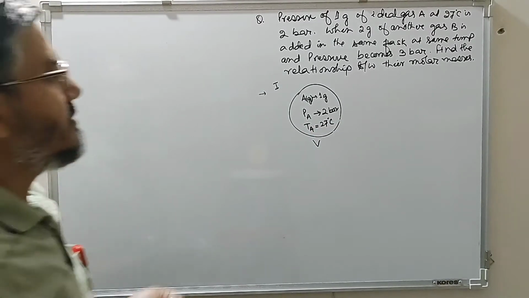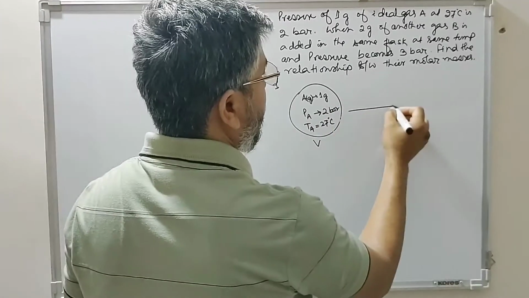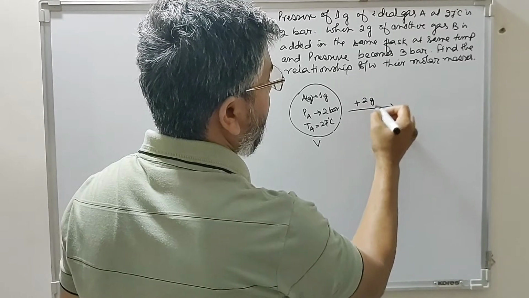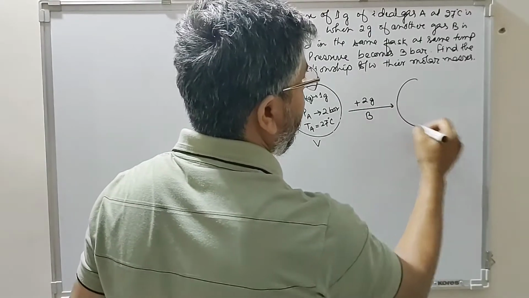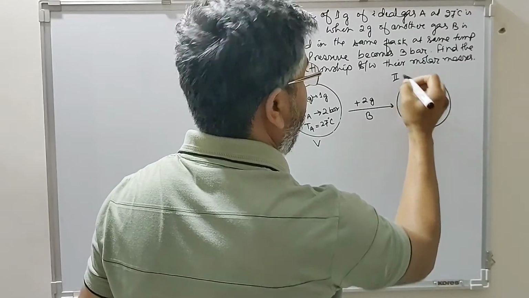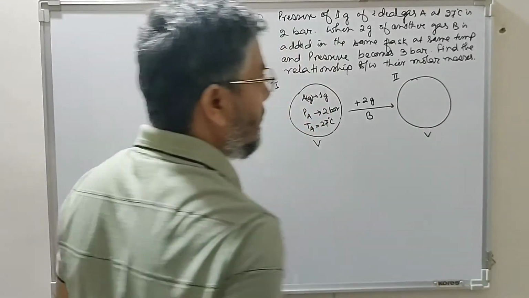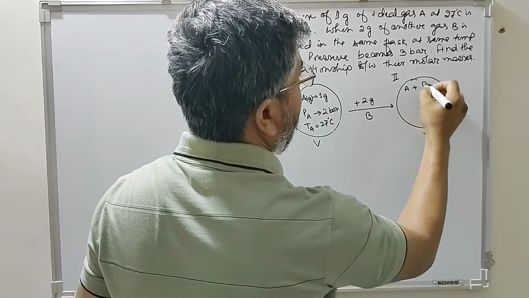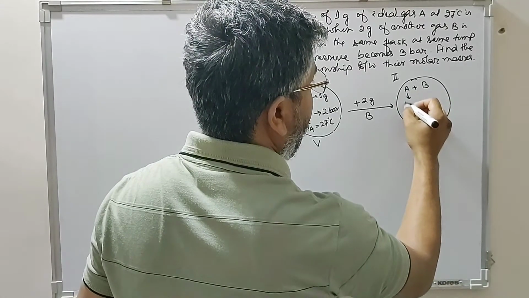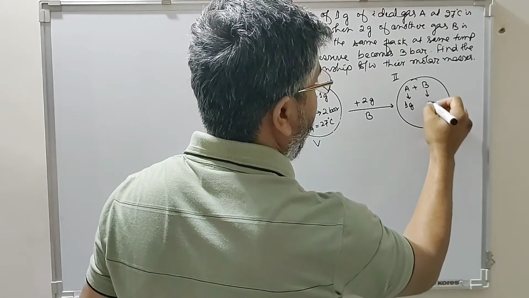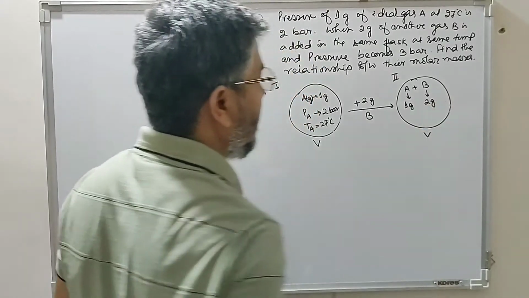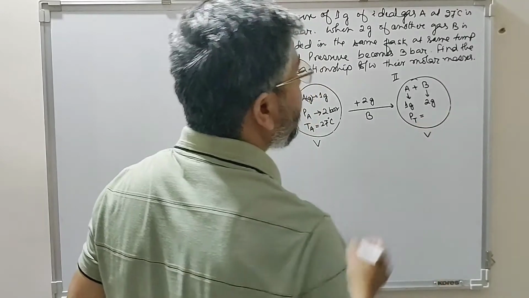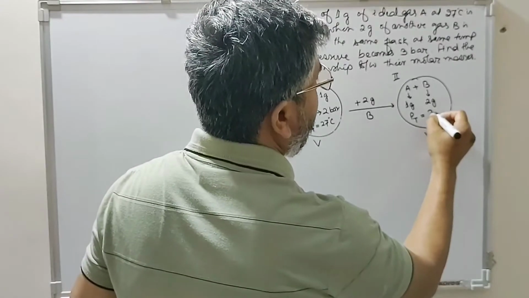Now what we are doing is, to this we add 2 grams of B. The container is the same volume and contains A plus B. We have 1 gram of A and 2 gram of B. Total pressure becomes 3 bar.